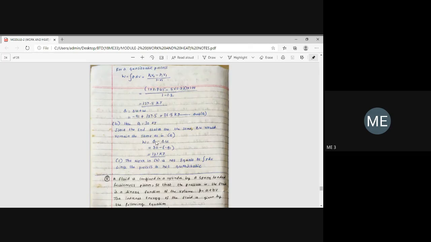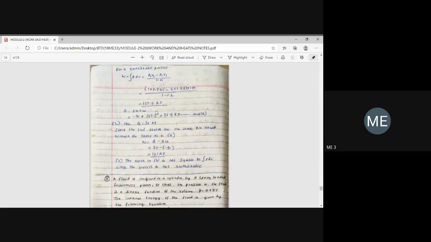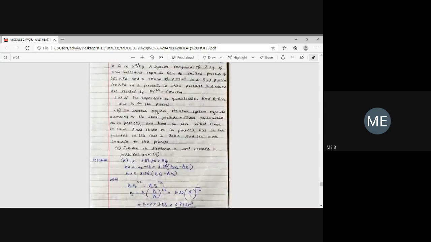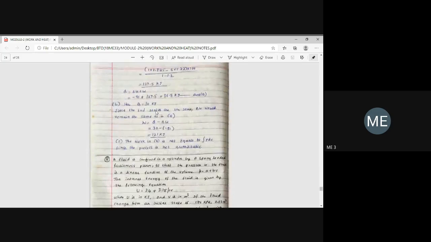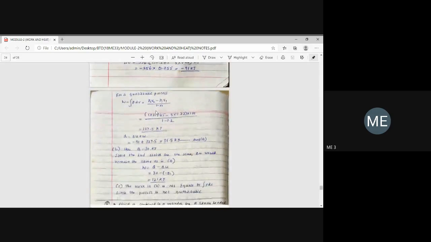We know delta U and we know W. Just apply Q equals delta U plus W. Q equals 30 kilojoules, given in the problem, and we found the value of delta U as minus 91. So we'll get 121 kilojoules.